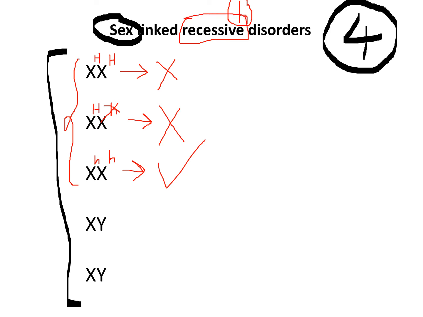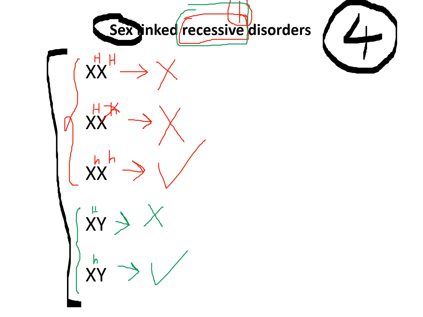There are also 2 possibilities in males. A male can have either an X capital H, which will not bring hemophilia because XH is a dominant allele and hemophilia is a recessive disorder, or a male can have X small h, and that will definitely bring hemophilia because hemophilia is a recessive disorder.